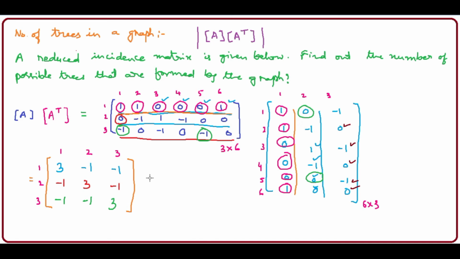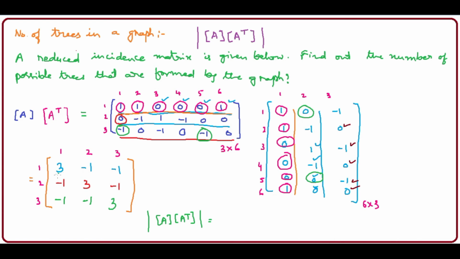Now to find the det of this matrix, so modulus of A transpose is equal to, so this is the matrix. Now we need to find the det of it.